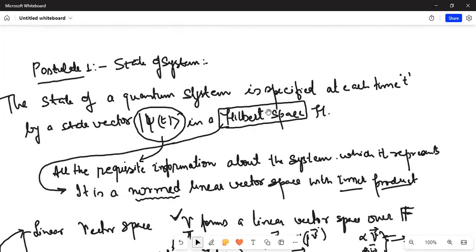And what is a Hilbert space? A Hilbert space is a normed linear vector space with an inner product defined. I hope you have got this. And this particular notation in which I'm writing all these things is called the Dirac notation.